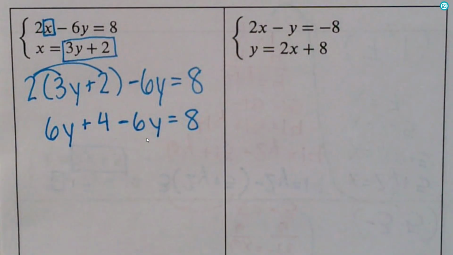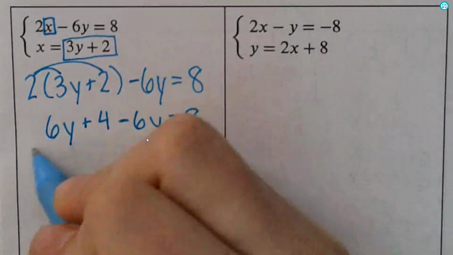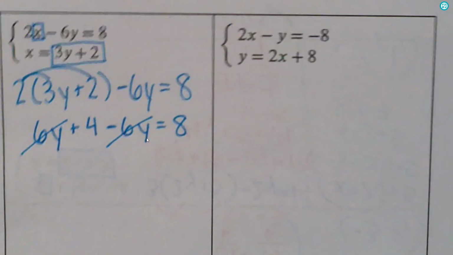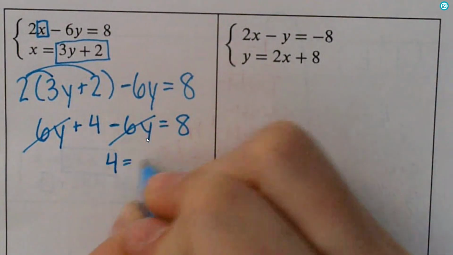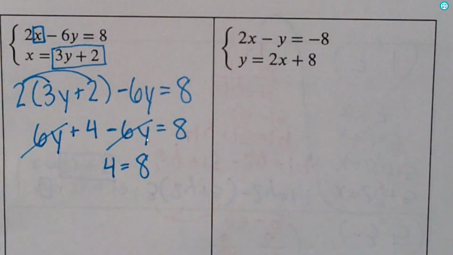Any questions about the distributing? Okay. Now what do we do? Combine like terms. What happens when we combine like terms? They all disappear, yeah? Because 6y minus 6y is no y's. So we've got 4 equals 8 now. Does 4 equal 8? No.